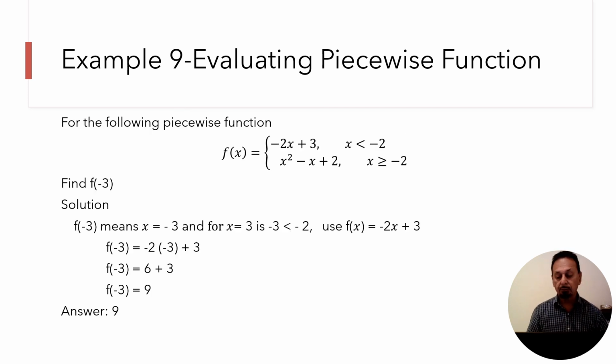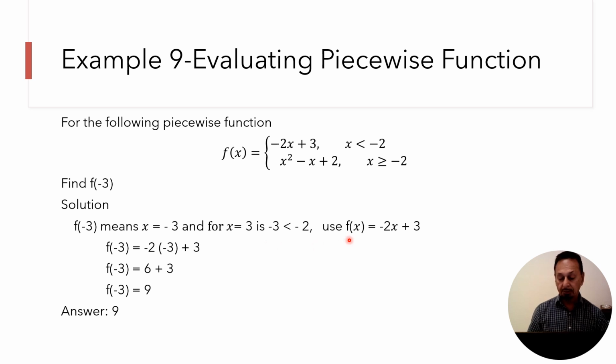Example 9. For the following piecewise function, f of x equals negative 2x plus 3, x is less than negative 2, and x squared minus x plus 2, x is bigger than or equal to negative 2. Now we're going to find f of negative 3. Now f of negative 3 means x is equal to negative 3, and negative 3 is less than negative 2.